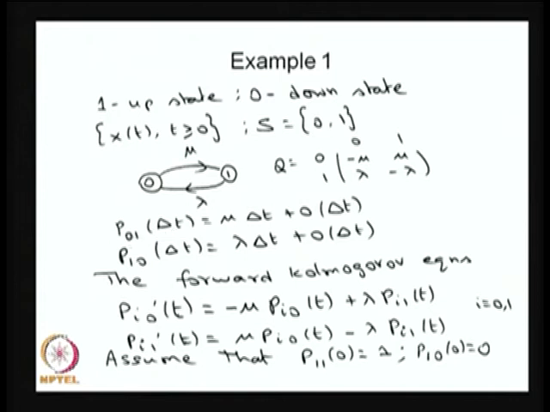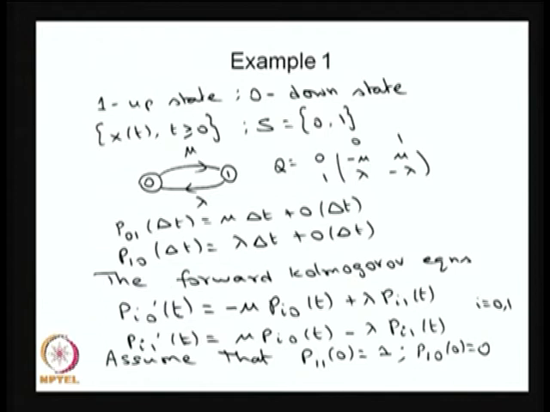The probability of the system moving from the state 0 to 1 is the rate mu, the repair rate, times delta t, plus o of delta t. It's a small o. Order of delta t means that as delta t tends to 0, it will be 0.